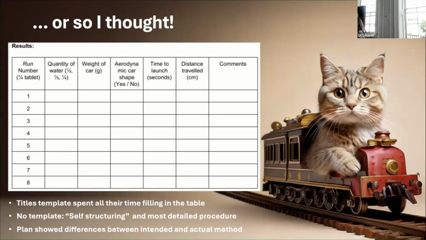Whether this was because it was a repeating experiment, or because they were more experienced and knew what to capture, the quality of what they did there was better. But again, the profile template, asking questions, really did generate a lot more information. It was a little bit laborious for them, but it generated a lot more useful information. And with the plan, we did get what they did before and what was different.